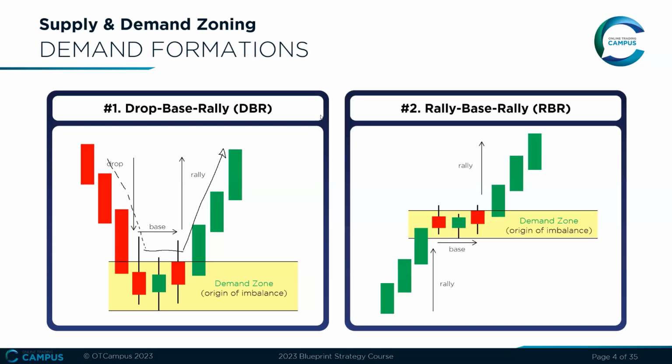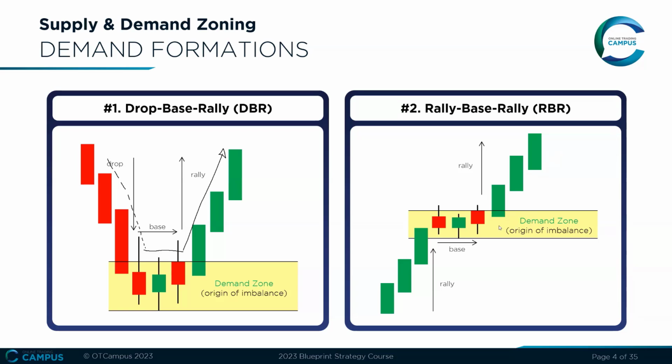Now, another demand formation is what we call rally-based rally, or in short, RBR. As the name suggests, a rally-based rally is visually seen as a rally in the chart and then price basing or price being balanced. And from a balanced state, we see price continues to rally. So price goes from balance to imbalance. And where that happens, that is the demand zone or the origin of imbalance.